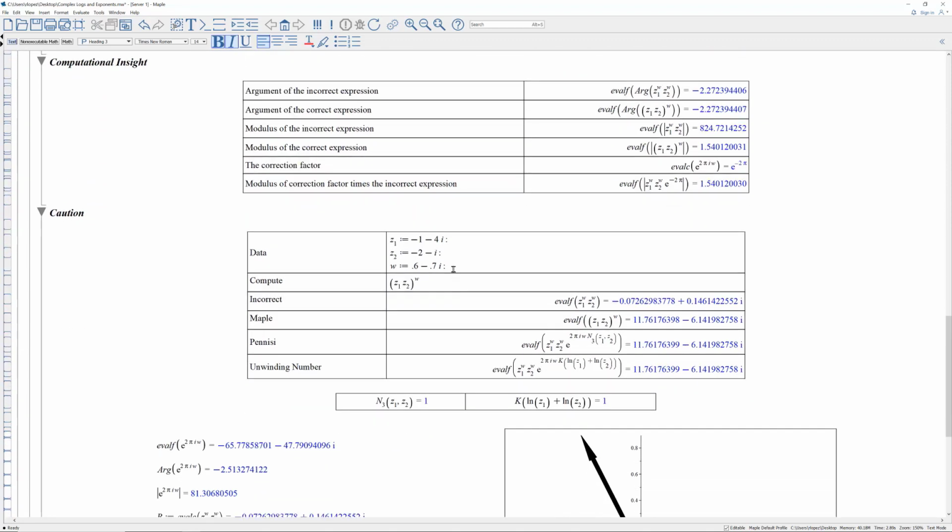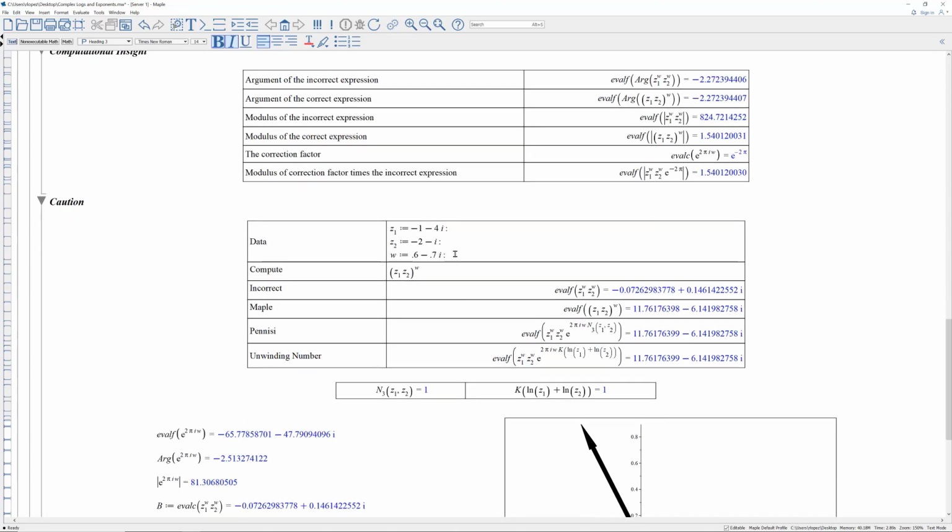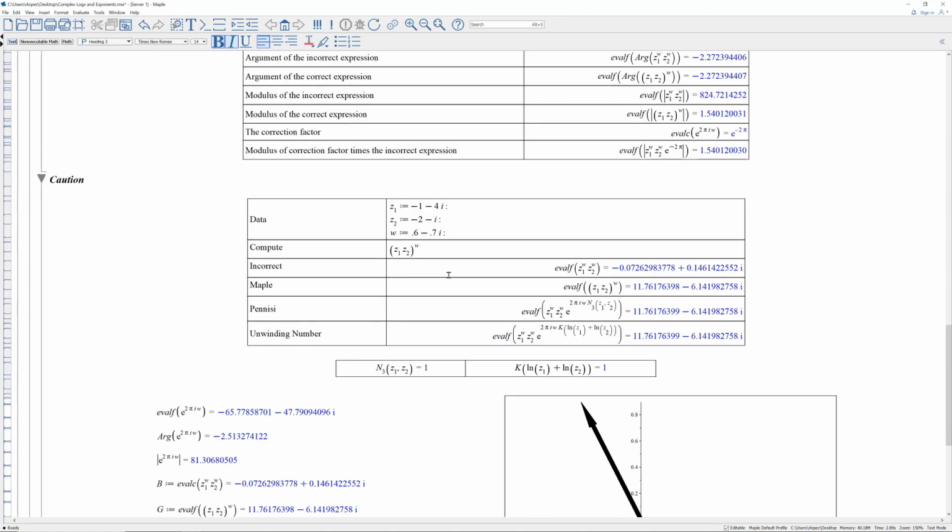And so I picked a different W, 0.6 minus 0.7i, and I did the computation over again. So with the incorrect distribution of the exponents, you get this. With the correct distribution of exponents, I get this. Nothing matches.